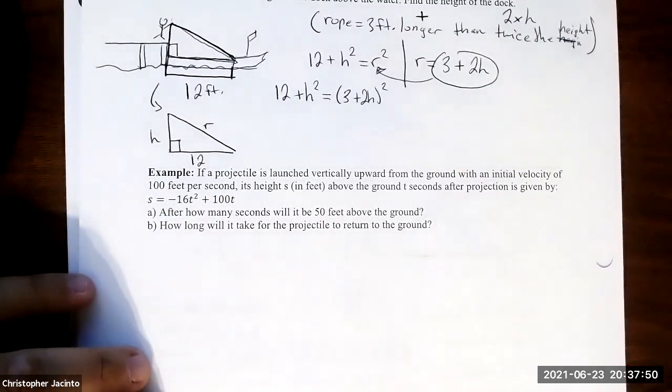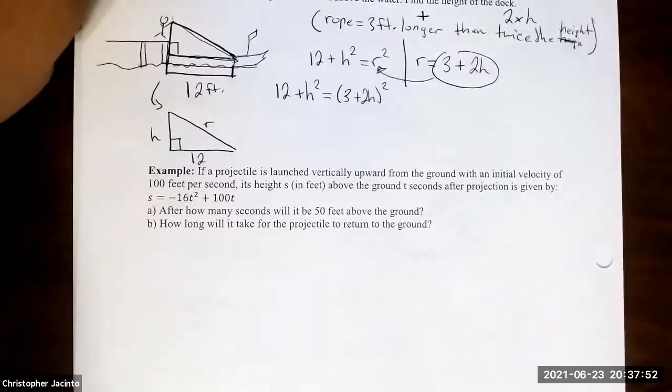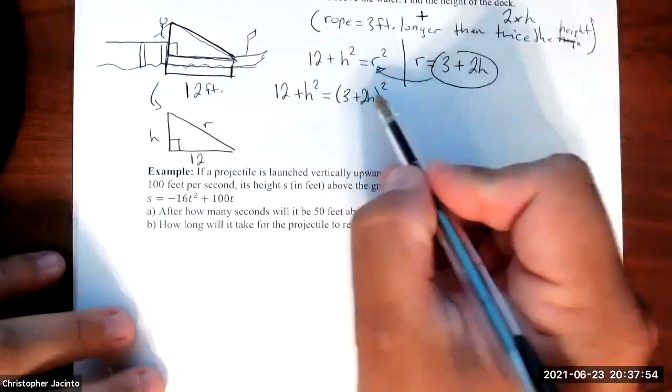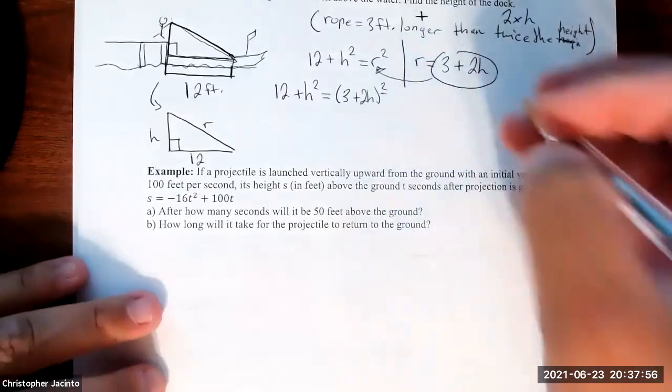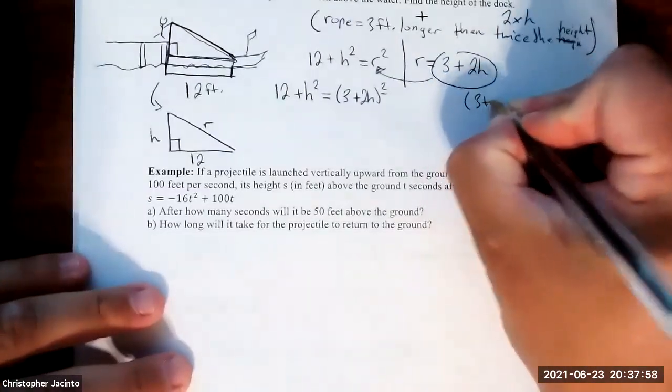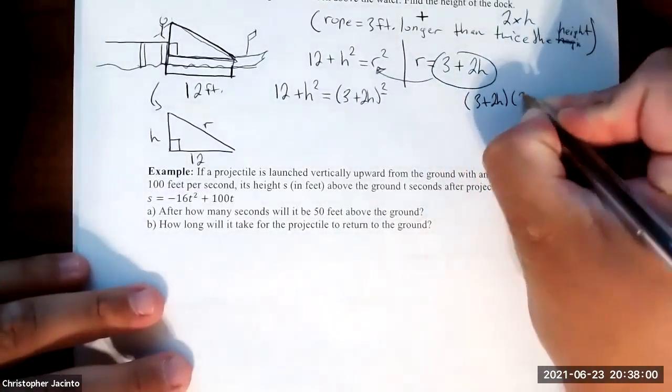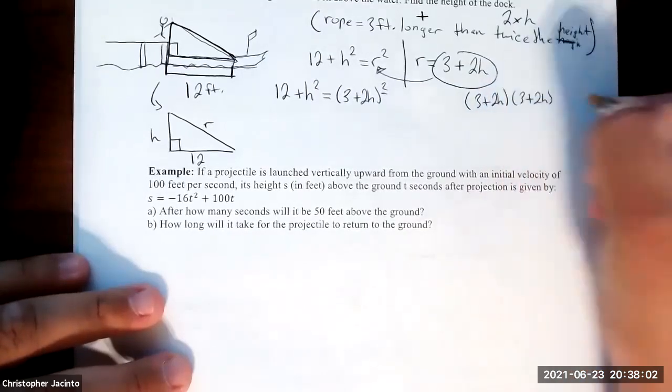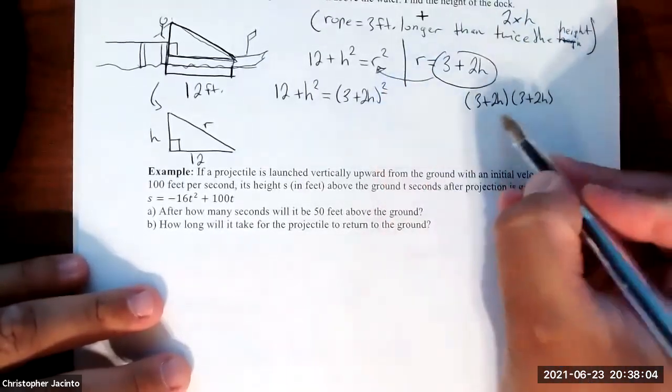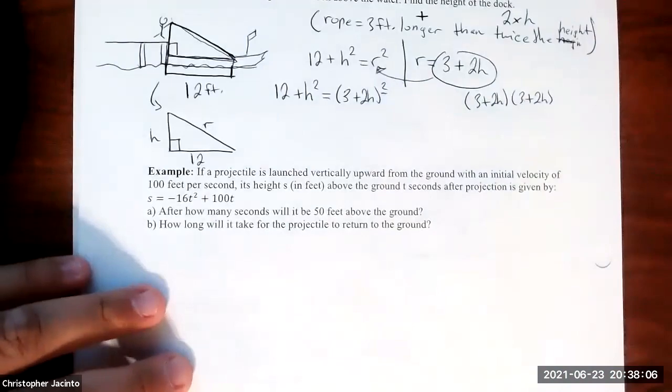We almost got there. One thing we have to do now is FOIL this out, because squared means we have 2 copies of it. We'll get into exponents in more detail later.